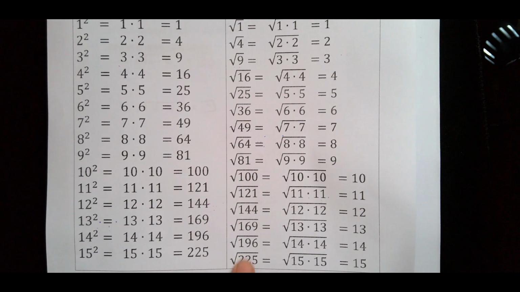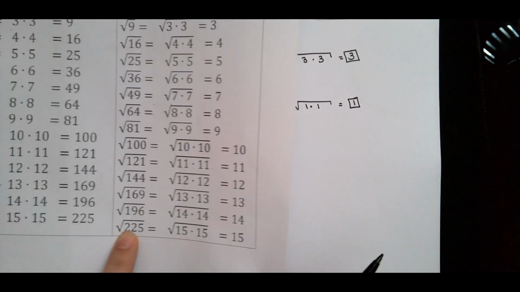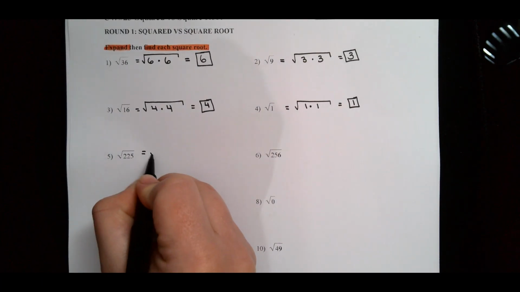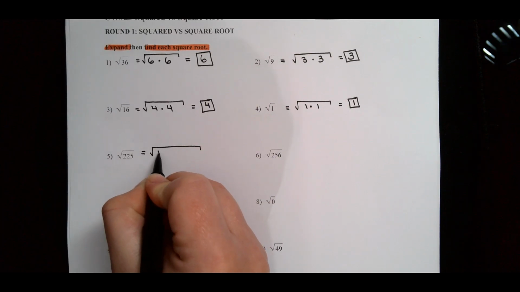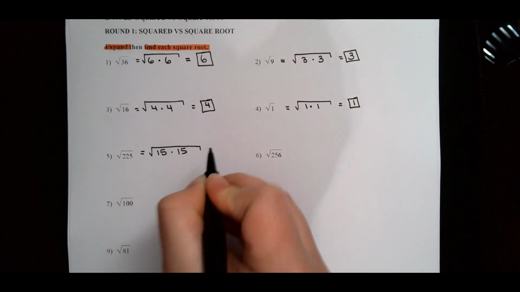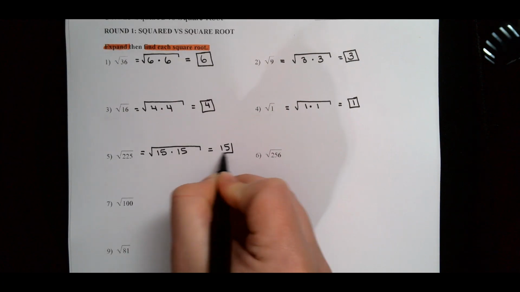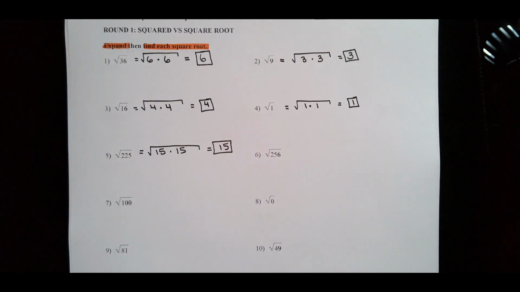Let's do 2 more. Square root of 225. Here it is down below. That means we have 15 times 15. So write out your square root, 15 times 15, which means I have the answer of 15. And the square root of, what is this, 100?